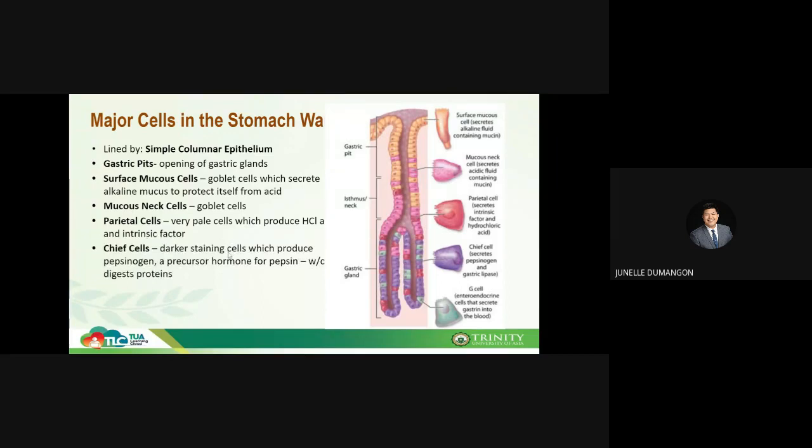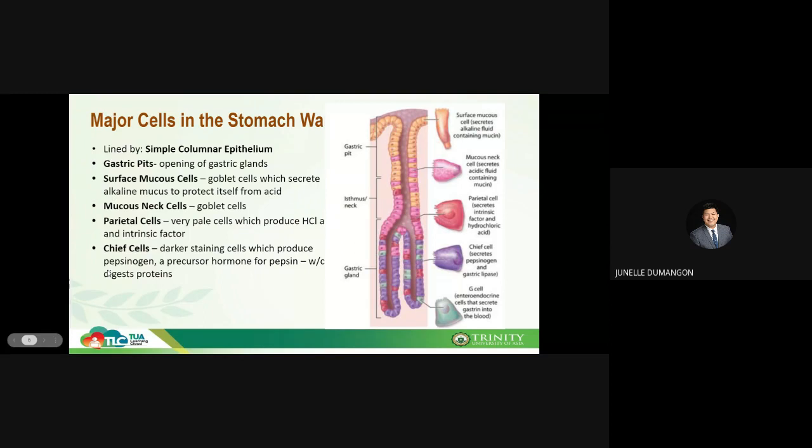Next, we have chief cells. These are the purple-looking cells in this image. They are darker staining cells, and they produce pepsinogen. Pepsinogen. So, palatandaan dyan, P. Why? Because it digests proteins.